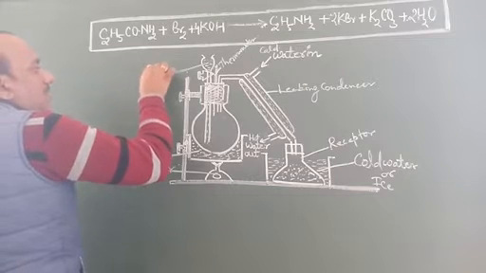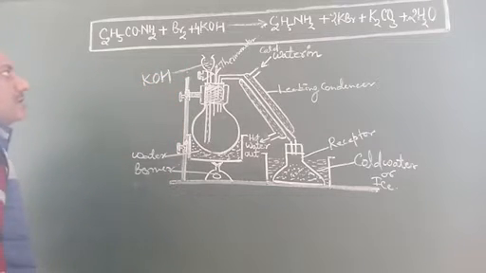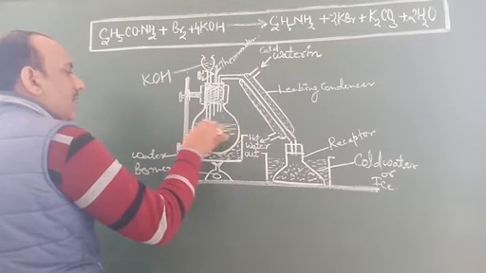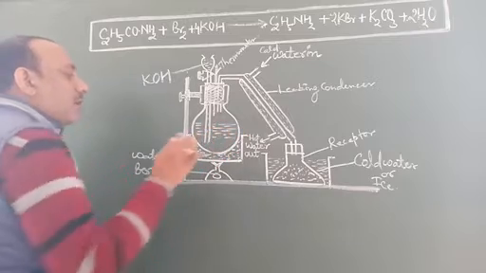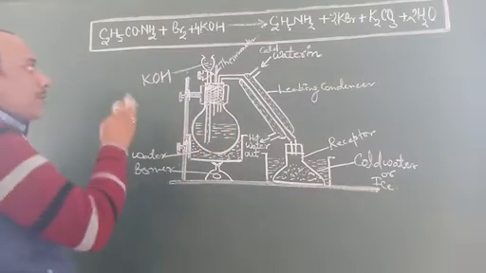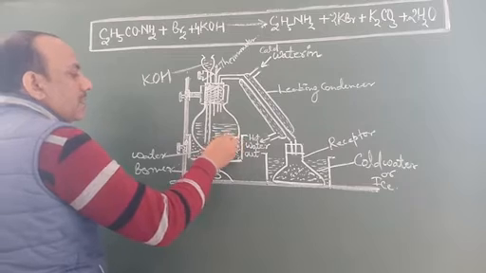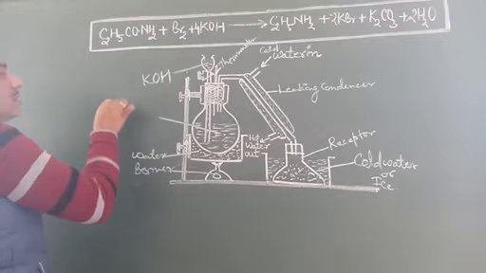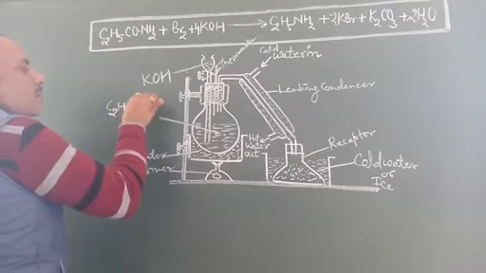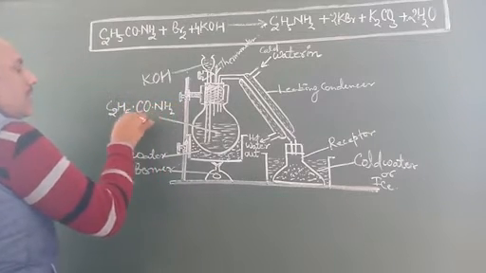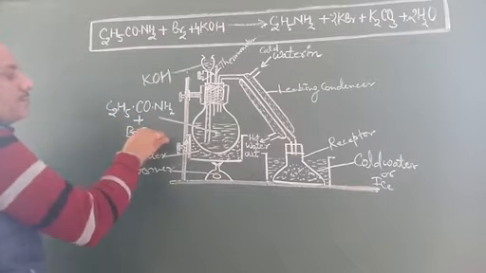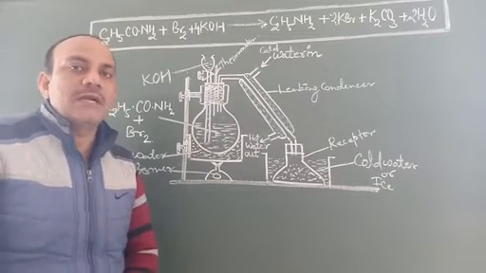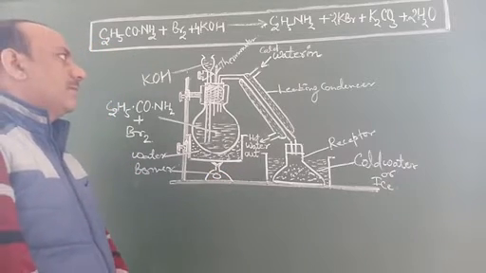we add potassium hydroxide, KOH, into this flask. And here also, first we take an equal mixture of propionamide and bromine, so C2H5CONH2 plus Br2. These are the equipment for the lab preparation method of ethylamine.